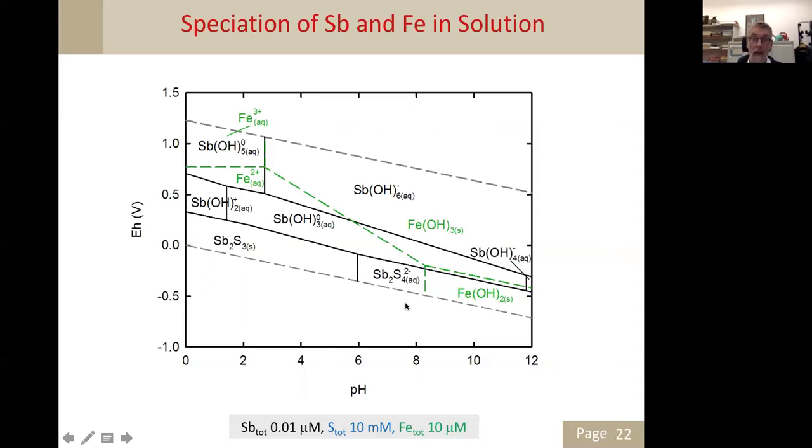And you can see at the pH that we had in our system, antimony was reduced or should have been reduced already at a redox potential higher than where the iron reduction occurs. So that explains why we had first the reduction and production of antimony 3, and then only when the redox potential decreased further, this reductive dissolution of the iron oxide started.